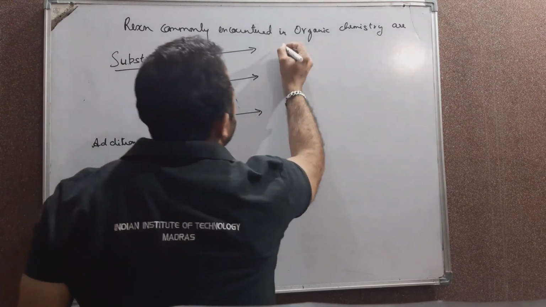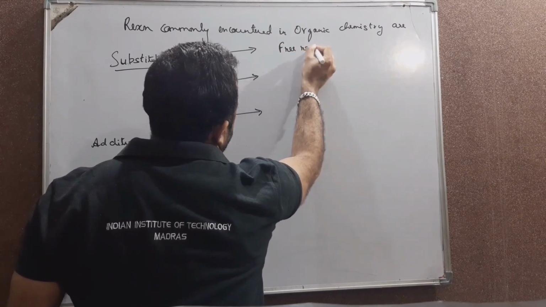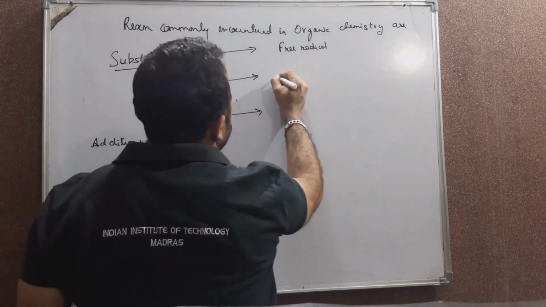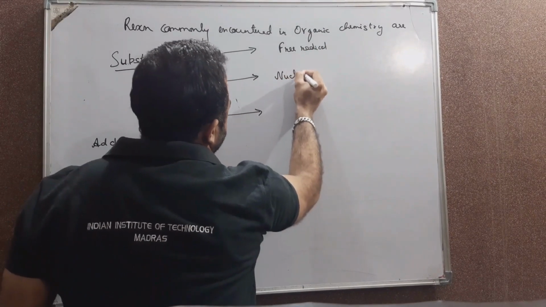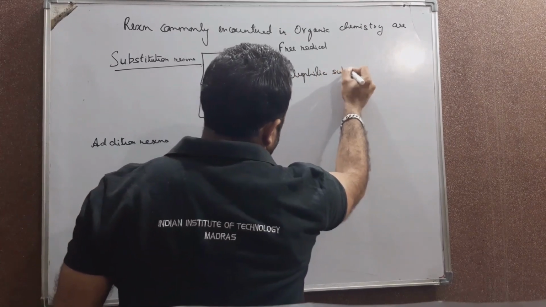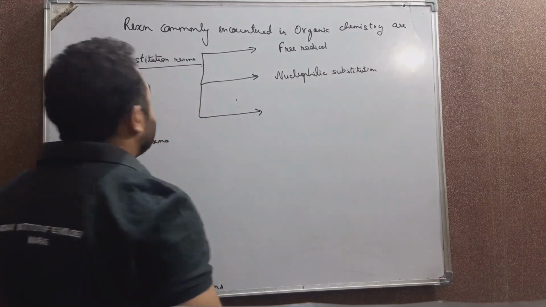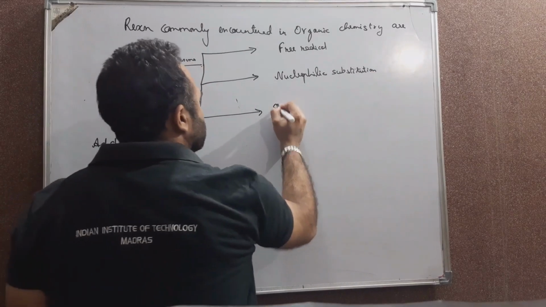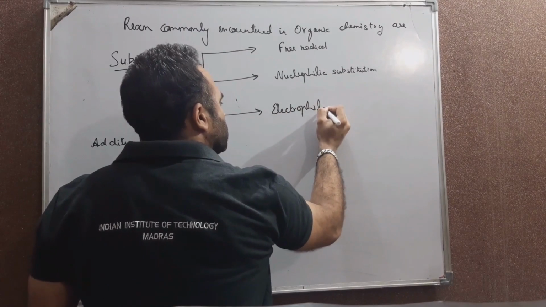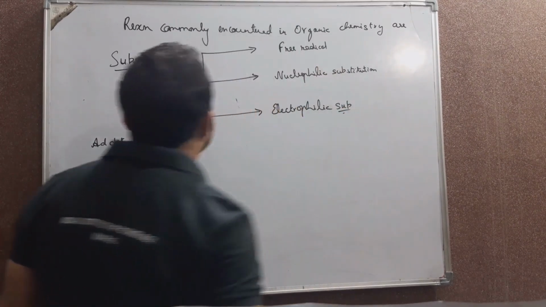First is free radical substitution reactions. Then there is nucleophilic substitution. And then there is electrophilic substitution. So these are basically the various kinds of substitution reactions.